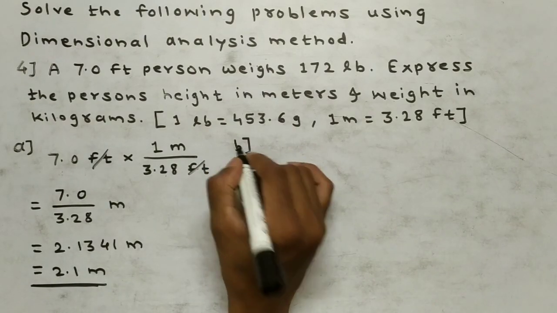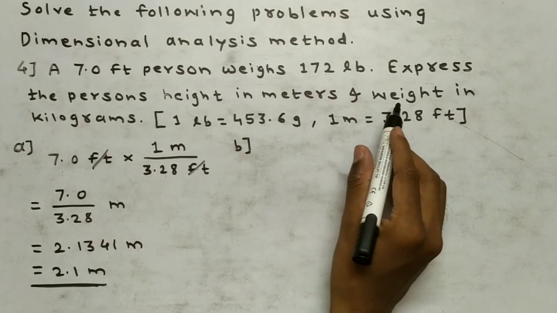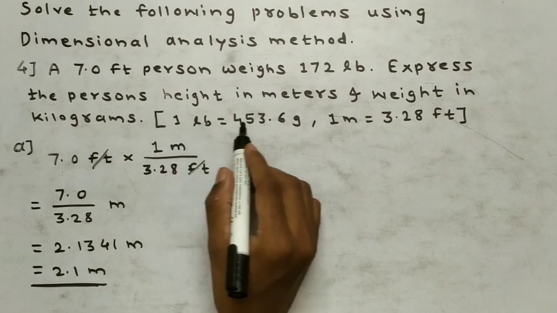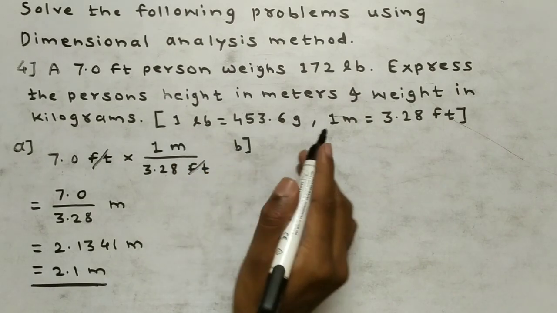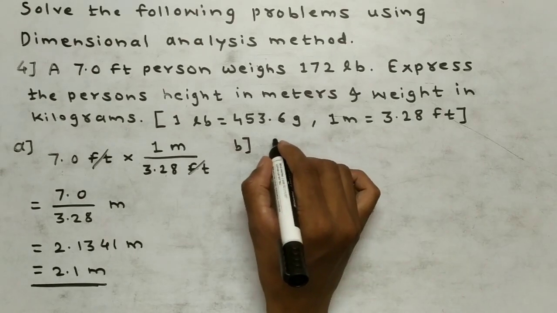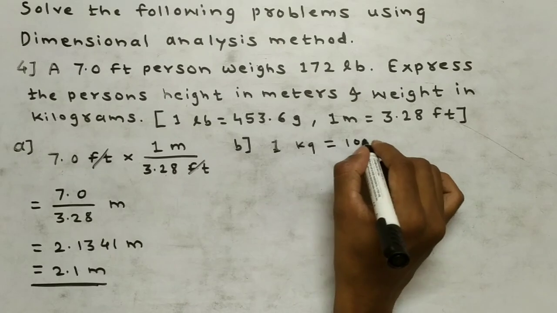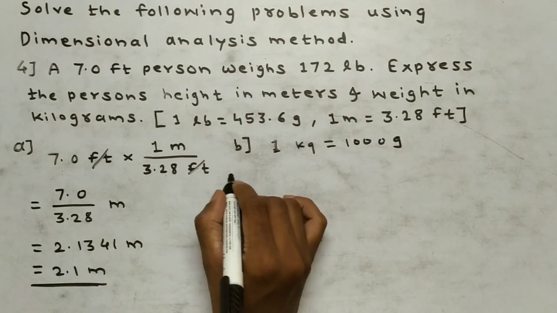Now we'll solve the second part. Here we have to convert the weight in kilograms. So we have the conversion factor as 1 pound is equal to 453.6 grams, and we need one more conversion factor, that is 1 kilogram equals 1000 grams. Now we'll start our problem.